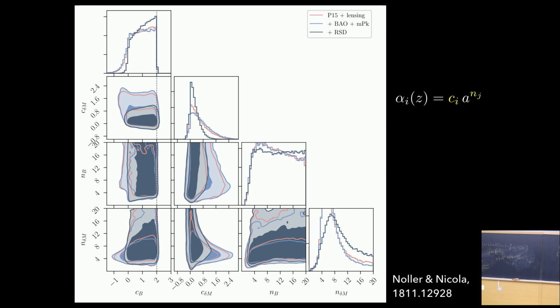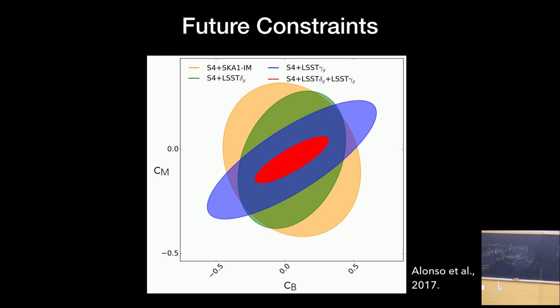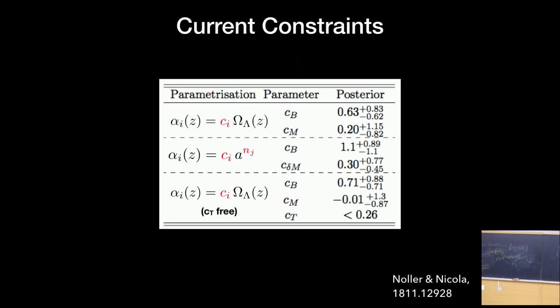The time dependence seems to be really hard to pin down. So in numbers, here's what you just saw, translated into 95% bounds for those two forms of the parameterization. And you can see that it's about order unity at the moment. That is the current status of these parameters.